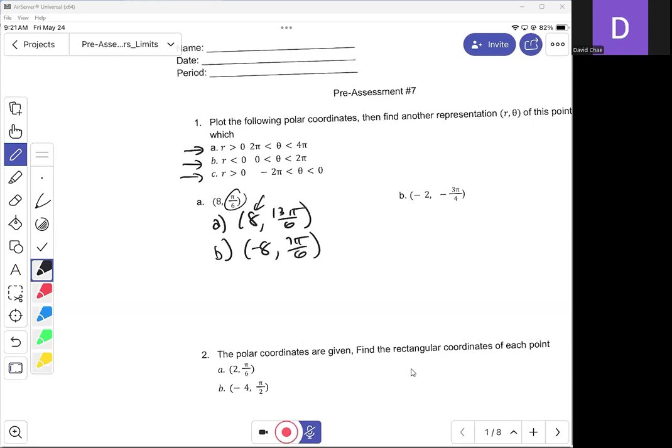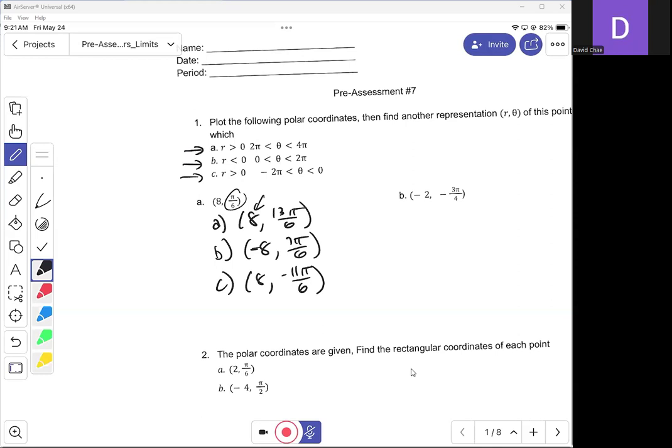Remember that negative is 180 degrees, or it's across from the actual point. So for the negative, make sure you are able to go 180 degrees over. All right. Letter C is 8 and negative 11 pi over 6. I just subtracted 2 pi from pi over 6.